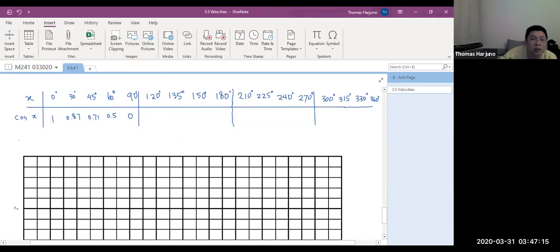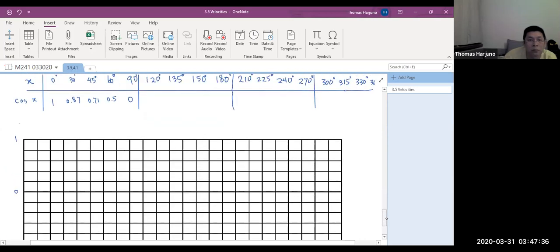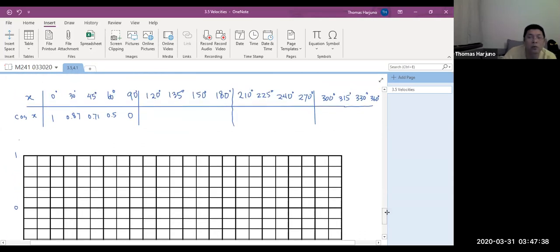This is 0, the maximum is 1, the minimum is -1. At least do this table first, and if possible, do the cosine graph in detail. I give you 5 minutes.